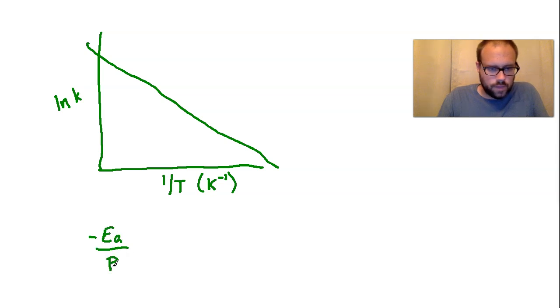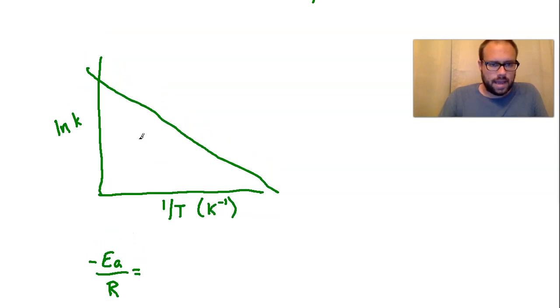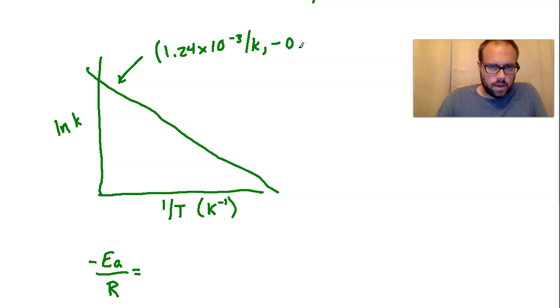All right, so in a case like this, let's again give 2 points like we did in the last lecture. So we pick out 1 point and we find that its values are 1.24 times 10 to the minus third inverse Kelvin, and negative 0.45.